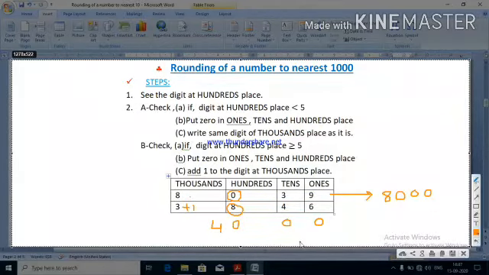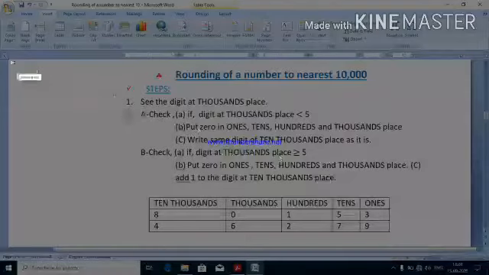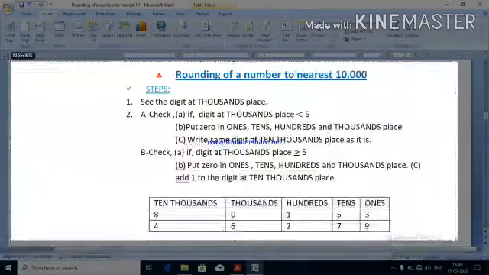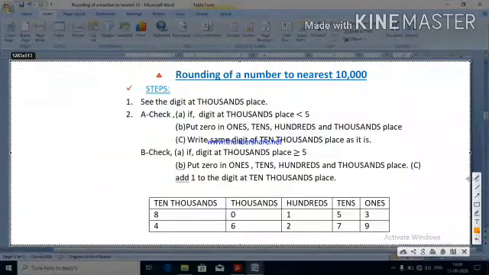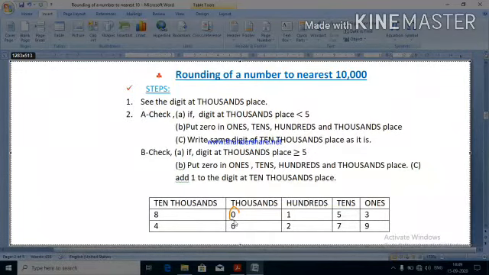Next, in 10,000s, you have to see the digit at thousands place. Here it is 0, so you have to write zeros in all the places.